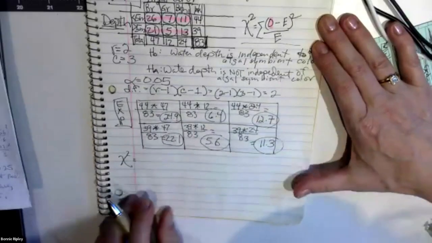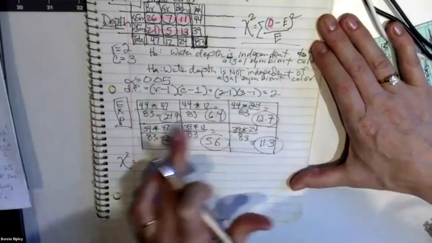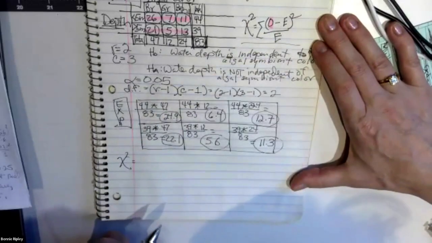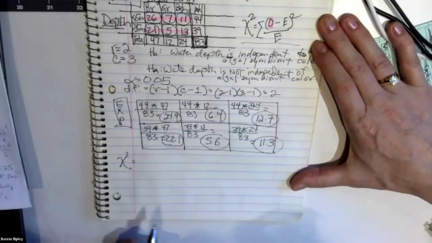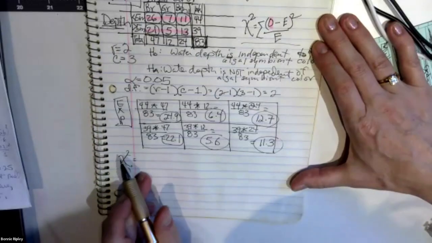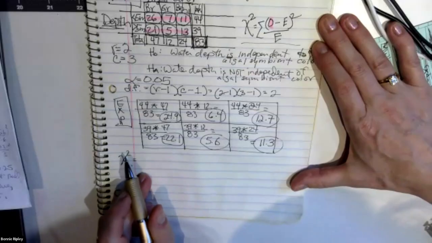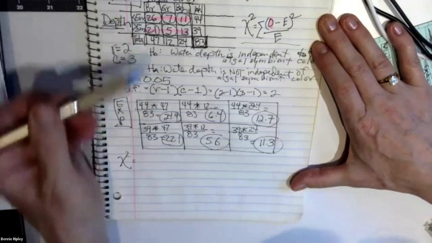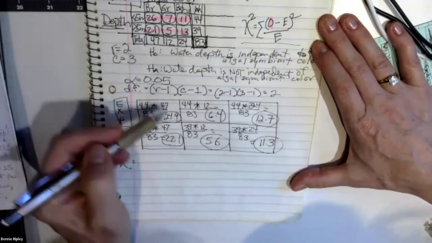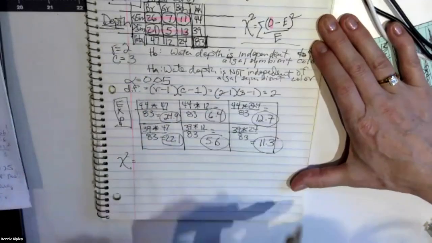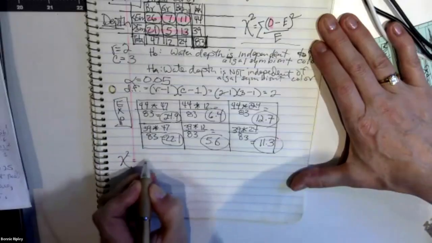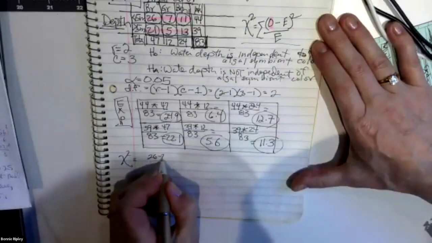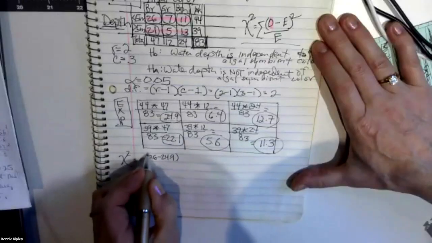Chi-squared equals the sum of the observed minus expected squareds divided by the expected. I'm going to have 6 terms in my equation. And like I said before, it's going to be easy to write down my observes minus my expected since I have them in a matching format. All right, so 26 minus 24.9.